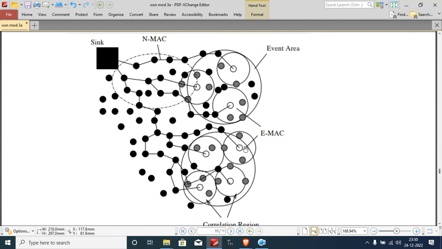Here it makes use of EMAC at the correlation cluster, that is event MAC, whereas it makes use of NMAC in order to route the packet, that is network MAC.